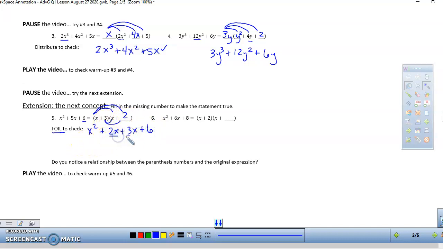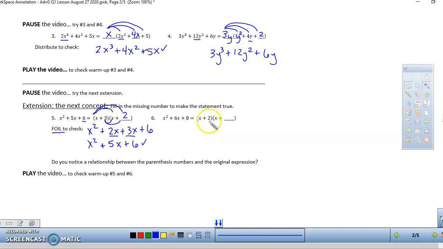Combine like terms. So 3x and 2x both have an x to the first power, so we can combine those. So that's a total of 5x, and then plus 6. So this matches our original expression. So we've checked and that 2 is correct.